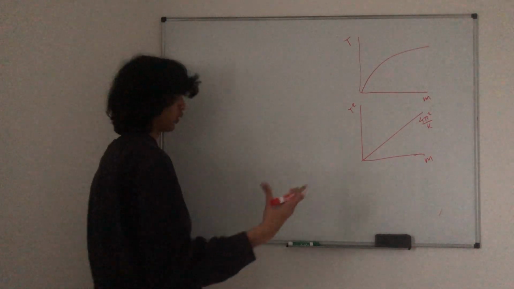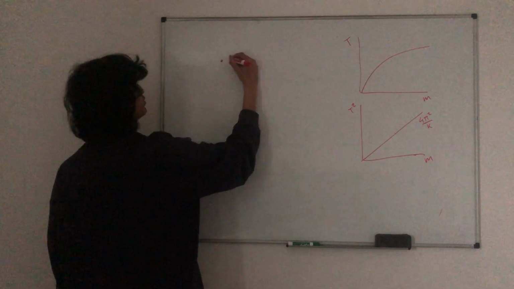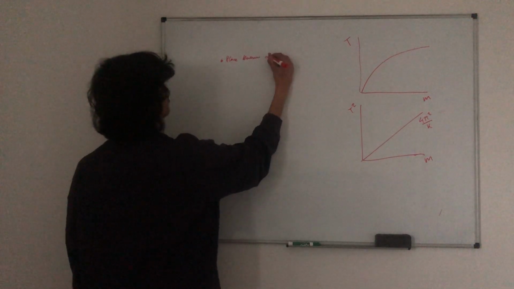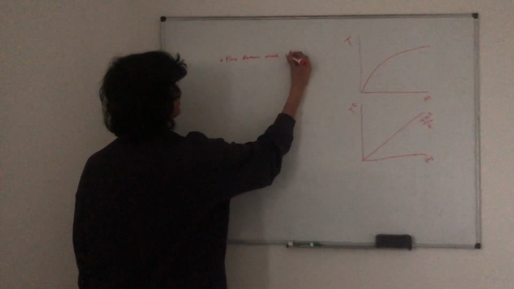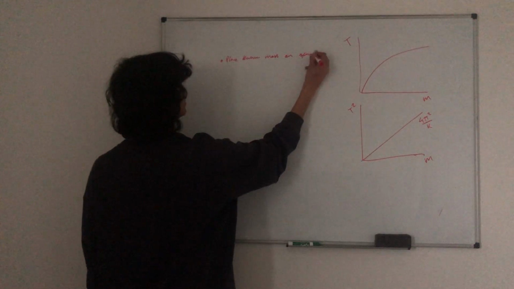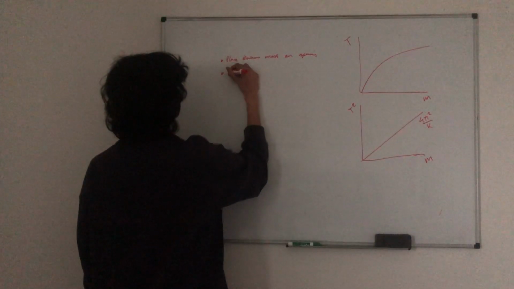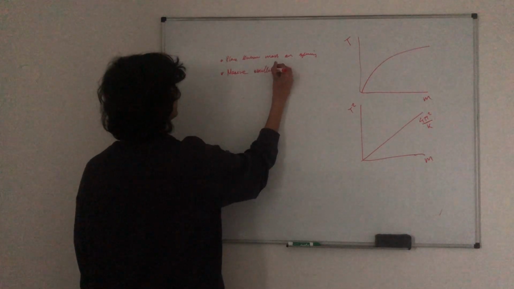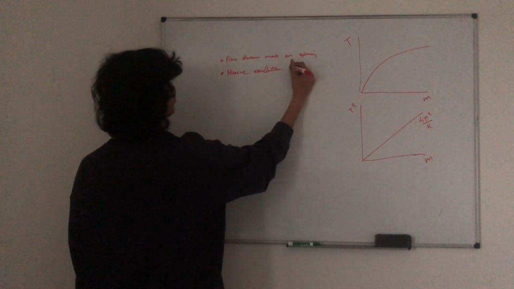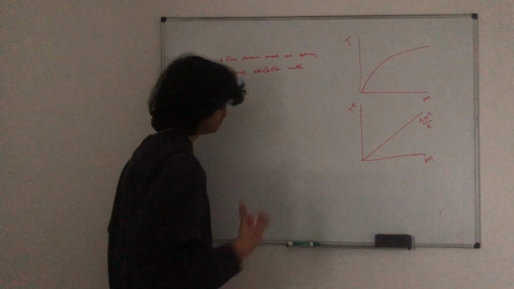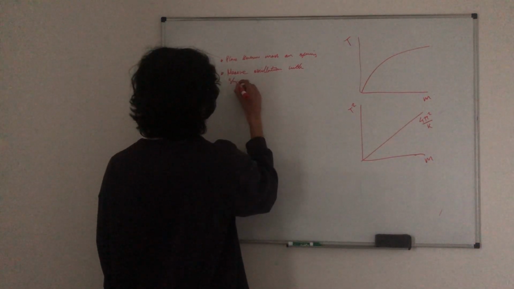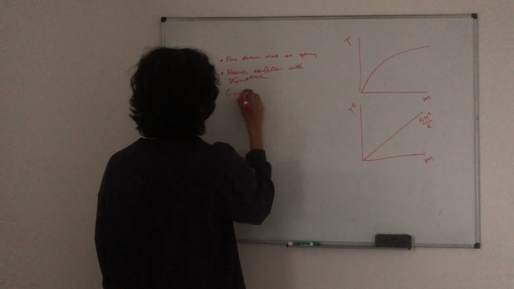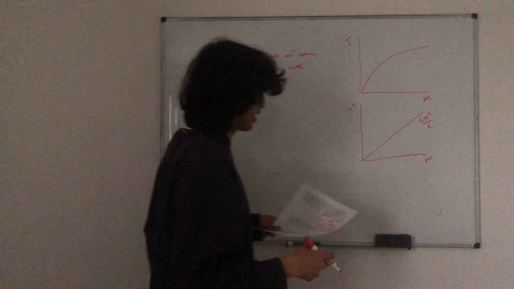So I'm going to write a little mini procedure here: place known mass on spring, measure 1 oscillation with the stopwatch, then just graph. Hopefully that makes sense.